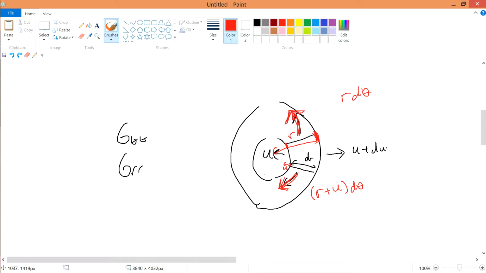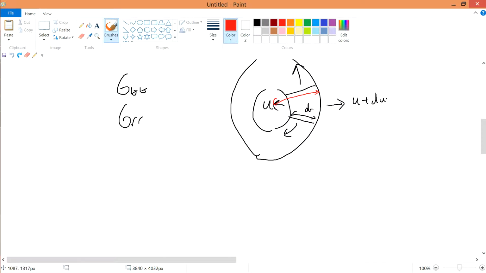In terms of this whole thing, this is r d theta, while this is your r plus u d theta. Because we split it into two parts, I just want to convey it more clearly. And now equilibrium of strain is only by sector.